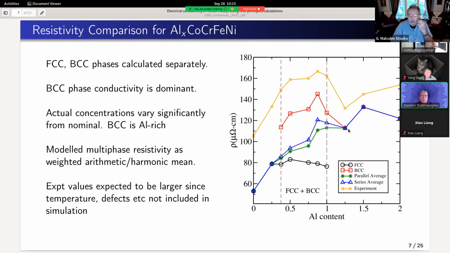So these pictures of the experimental results are all done at room temperature, not at low temperature? Yeah, they're all done at room temperature.